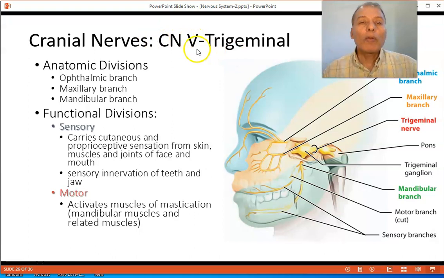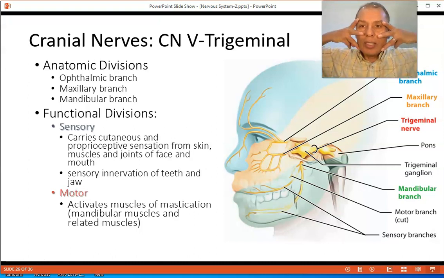So cranial nerve number 5 is the trigeminal. Tri means 3. Gemini means twin. So you have one side here, and each one has a twin. Tri means 3, so the one that has 3 twins. But each side works independently from the other.